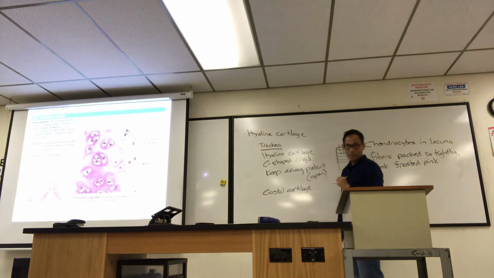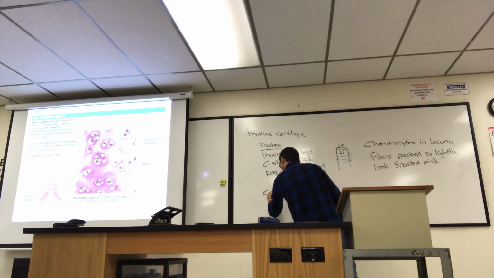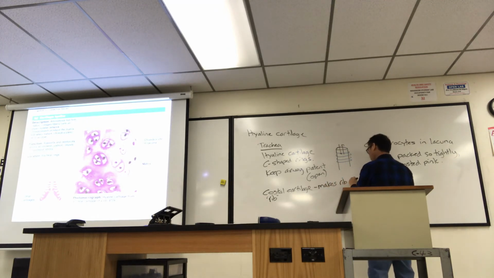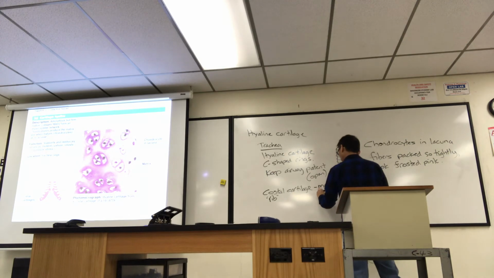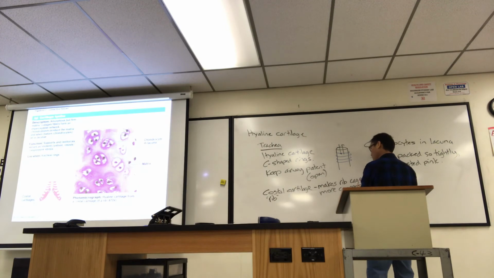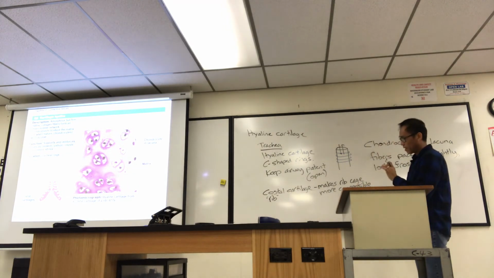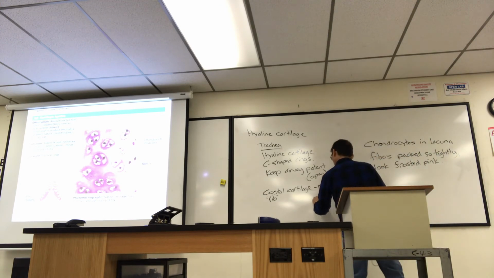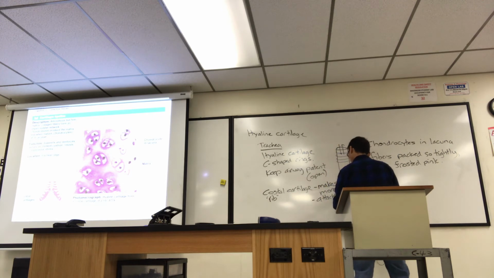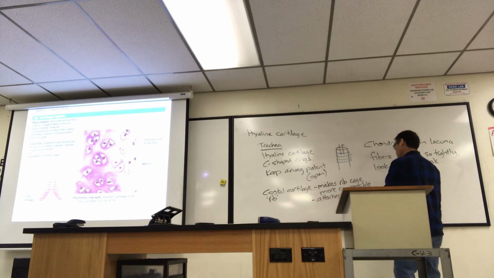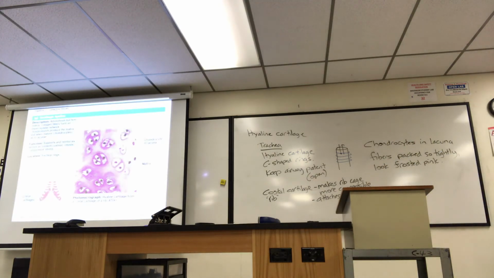Costal means rib. So the cartilage there makes the rib cage more compressible. The cartilage attaches the ribs to the sternum.